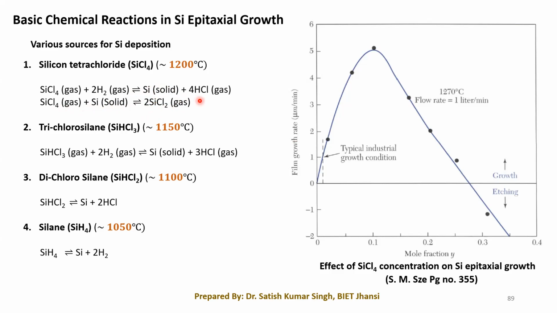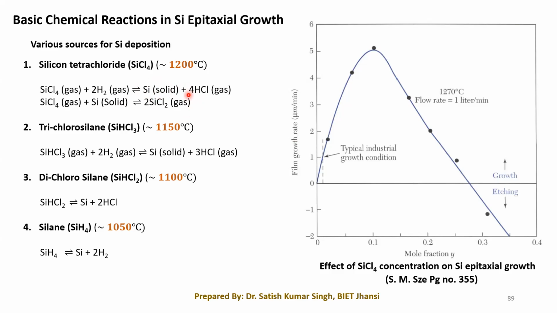This silicon can again react with the 4HCl and make the same thing. We need to take care of that, because it is a bidirectional reaction. There may be a chance that either growth can take place, or the silicon layer may be etched out. We have to keep that in mind.